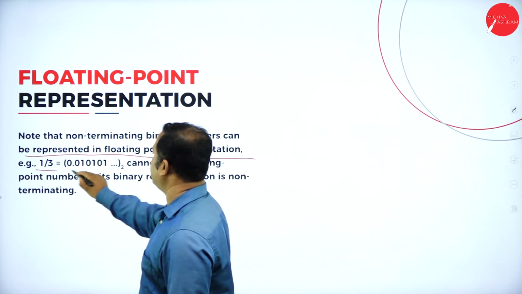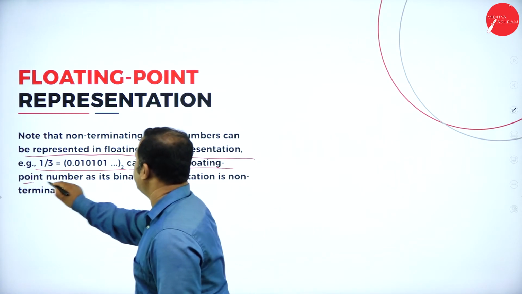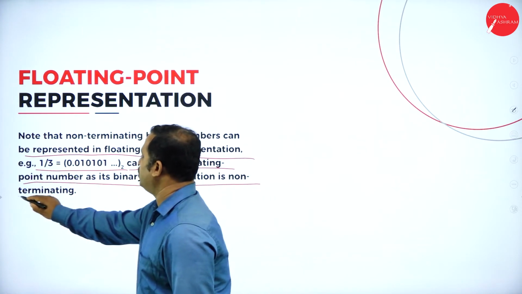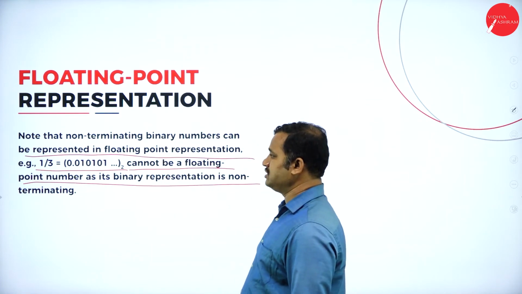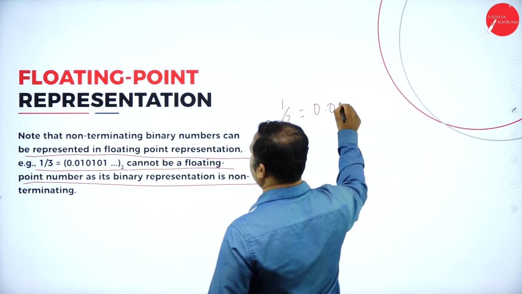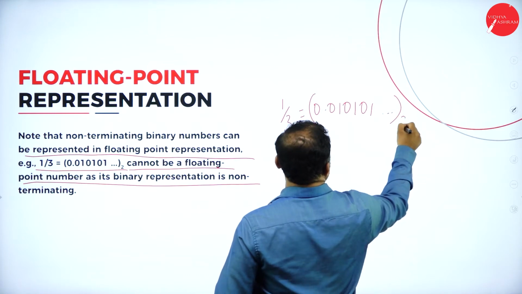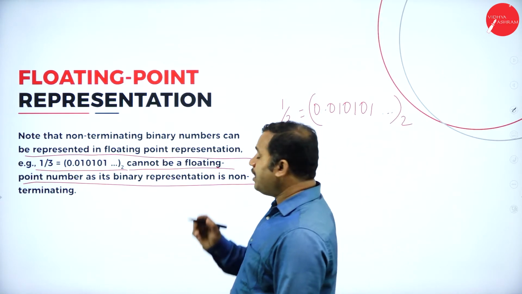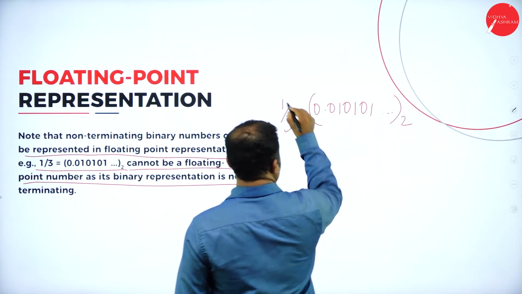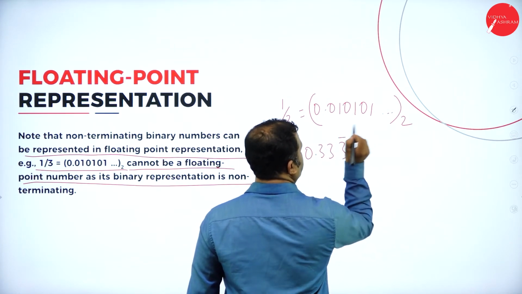For example, 1 by 3 is equal to this. It cannot be represented exactly as a floating point number as its binary representation is non-terminating. What is the meaning of this? We have the number 1 by 3, which is equal to 0.010101 and so on, to base 2. 1 by 3 is the same as 0.333 recurring.